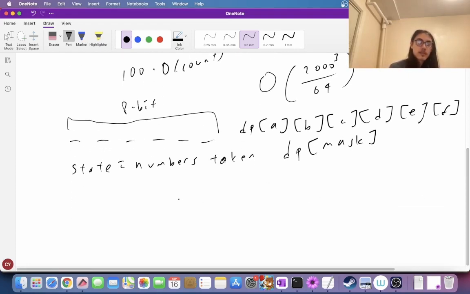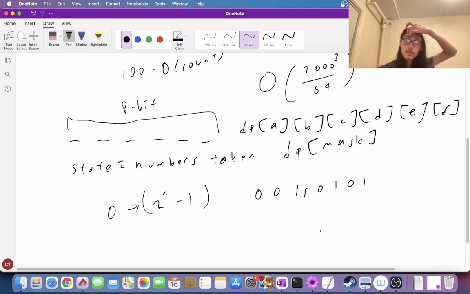So another thing is an important identity that works with bitmask DP. Suppose we iterate from 0 to 2 to the n minus 1. So for example, suppose we're iterating over some mask. Then we're also going to iterate over all of the submasks of it.